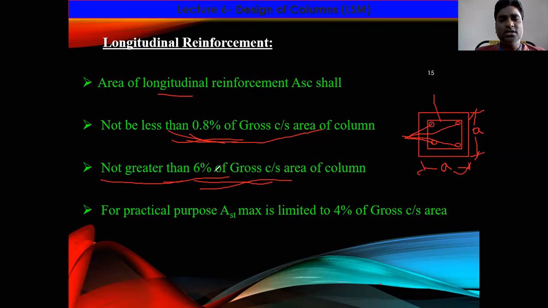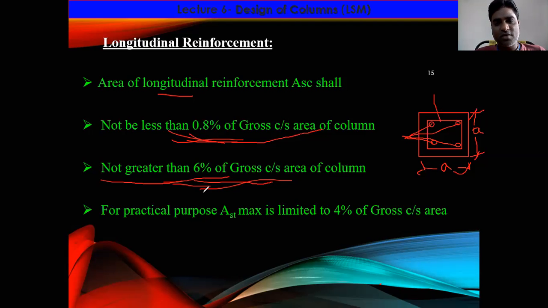But generally, there are some practical problems, because if you provide 6% of the cross-sectional area as longitudinal reinforcement, it is very difficult in placing and compacting the concrete. Because the huge reinforcement is present, it is very difficult to maintain a proper cover and pour and compact the concrete, because you need to put the vibrator for compaction purposes.